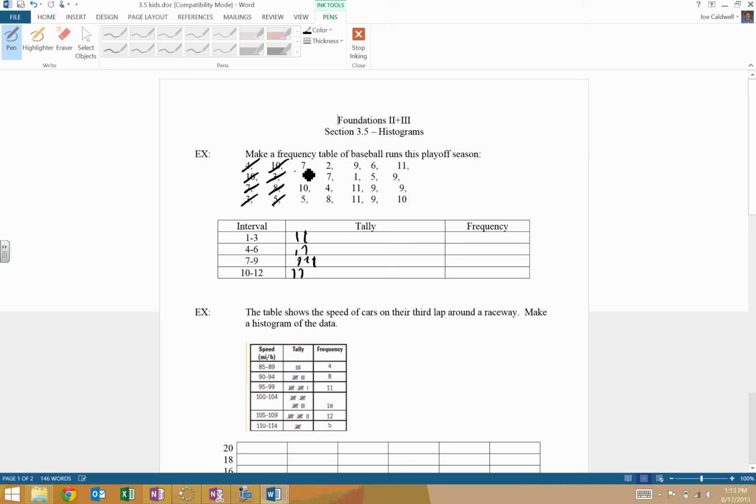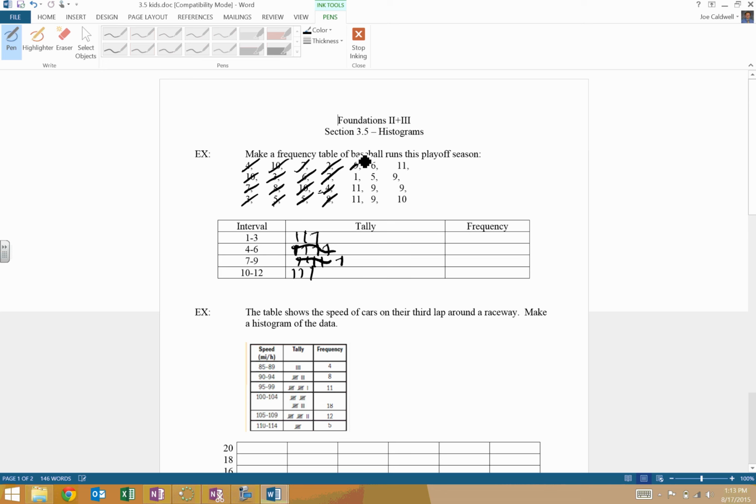So 7, 6, 10, 5, 2 is up here, 7, 4, let's see, 8, and 9. We're up to 6 there.